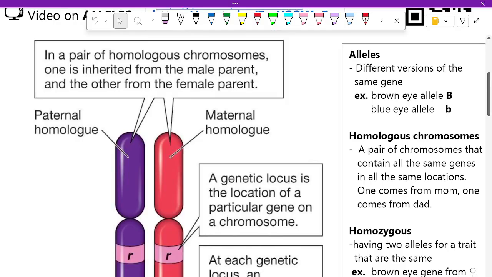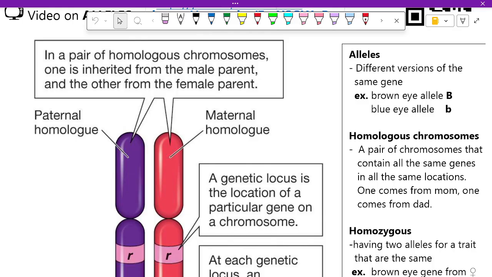So here we have two chromosomes that are the same number. Maybe they're chromosome number 1, maybe they're chromosome number 14, but they are the same chromosomes. They're the same size, they're the same shape, and they have all the same genes in the same locations.